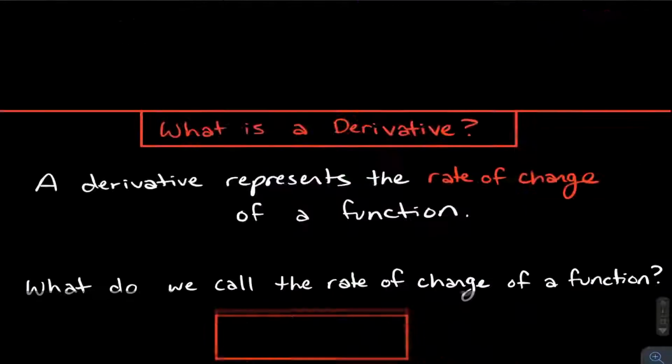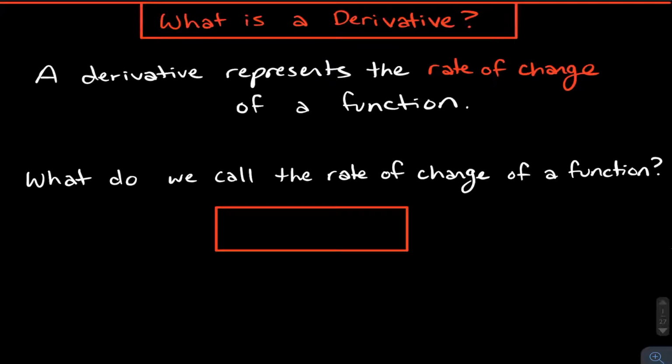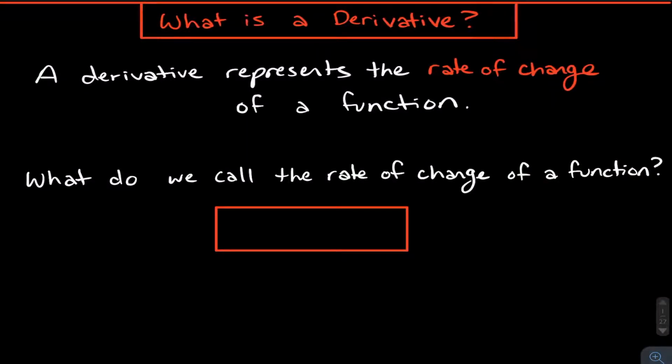What is a derivative? So a derivative represents the rate of change of a function, okay? And, okay, what's a rate of change? What do we call the rate of change of a function? We call that the slope, right? The change in y over the change in x. That's the slope, okay? So we'll write that down right here, okay?